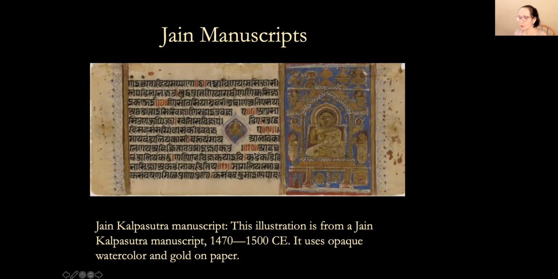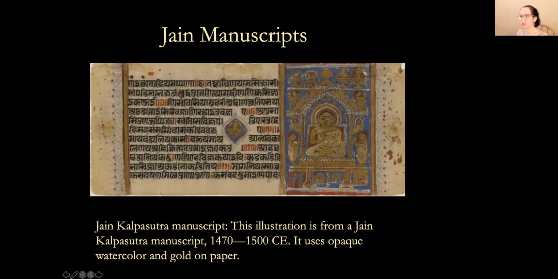So these manuscripts use opaque watercolor and gold leaf on paper, and they are notable in their simplicity, not simplistic in the sense of not sophisticated, but very reduced, not to the point of abstraction as we discussed in our much earlier module, but a greatly reduced and simplified form of the figures. They're relatively flat.